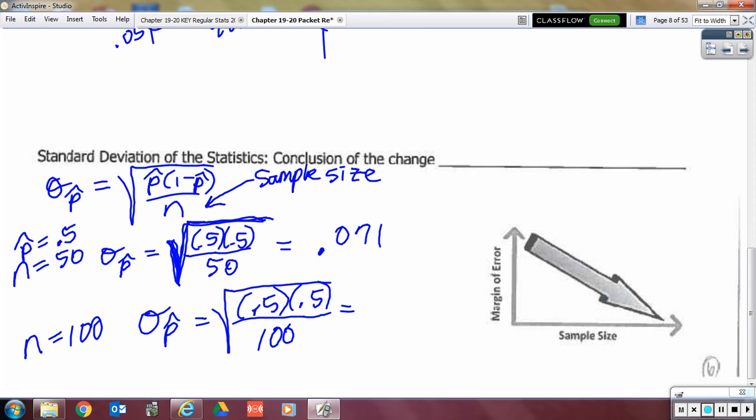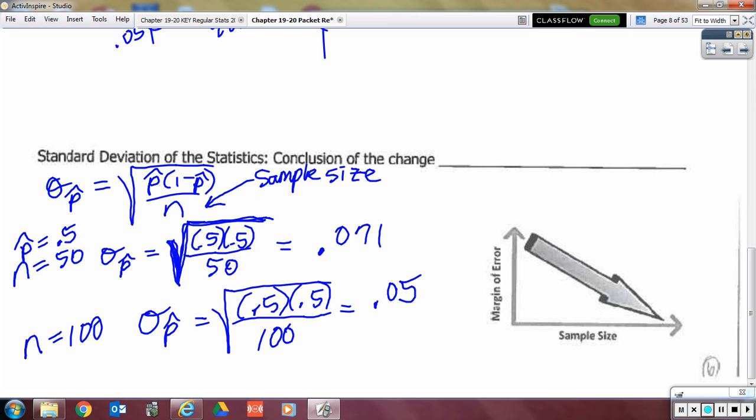Well, our sample size got bigger. That number is 0.0, drum roll please, 5. It is. So, as n got bigger, our standard deviation got smaller.